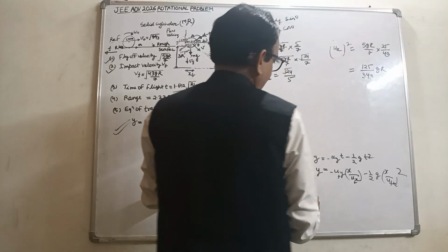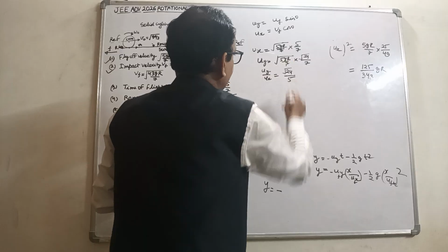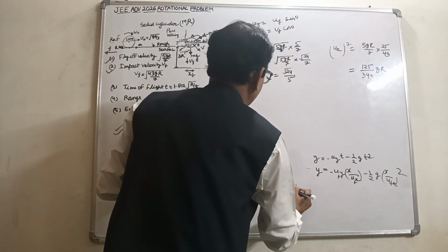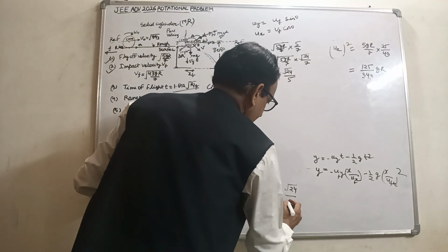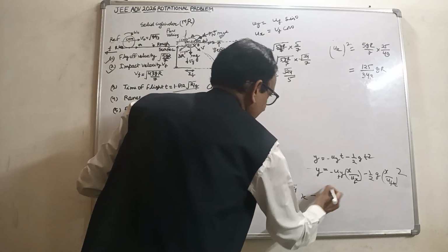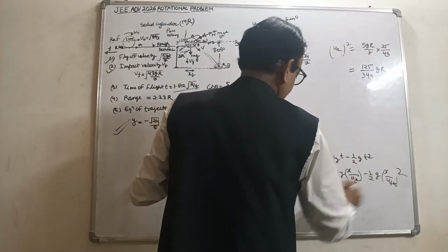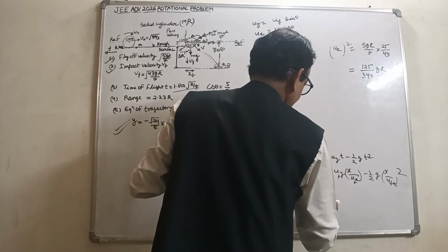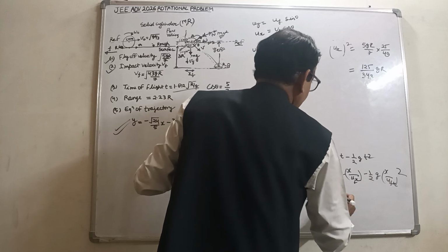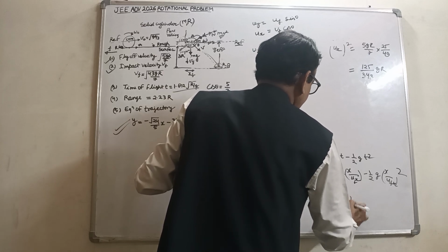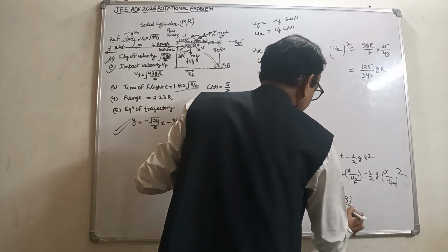So placing the value here, y would be minus the value of 24 by 5 into x, minus g x square upon ux square, so this term becomes upside down, 343 upon 250.